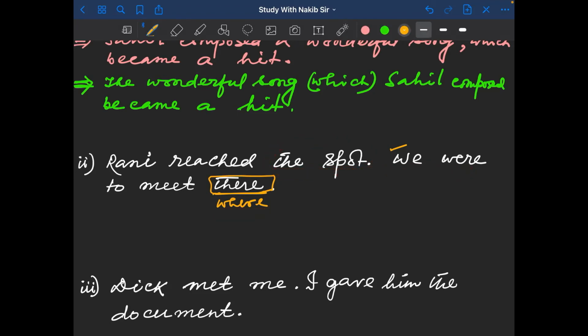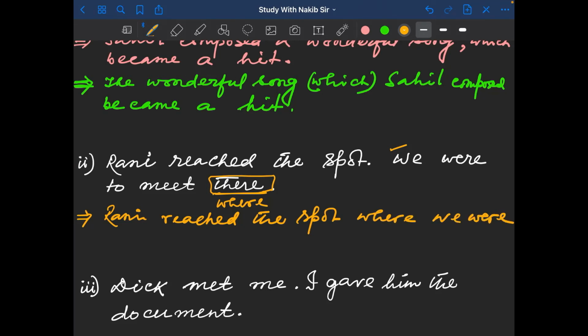So your combined form is Rani reached the spot where we were to meet. Where we were to meet.